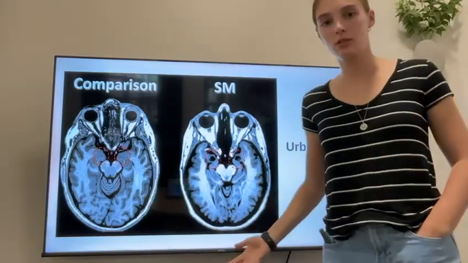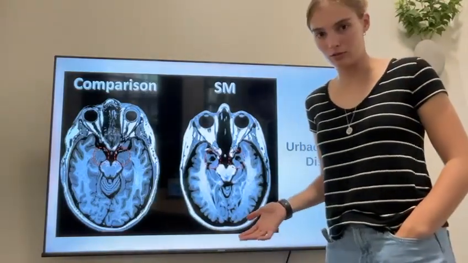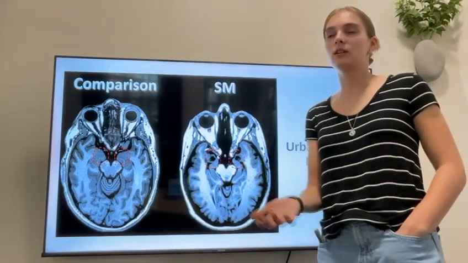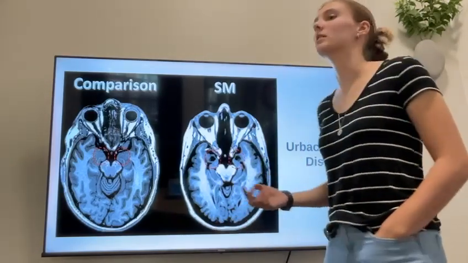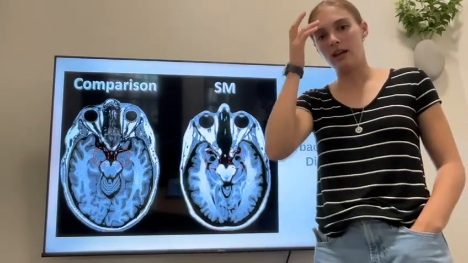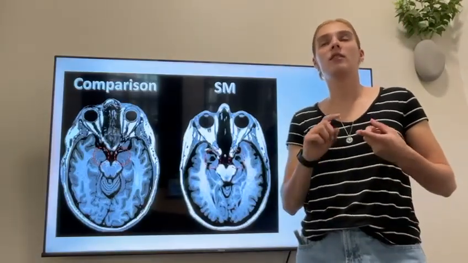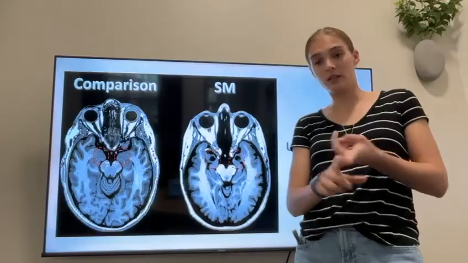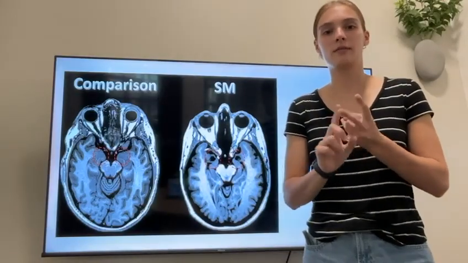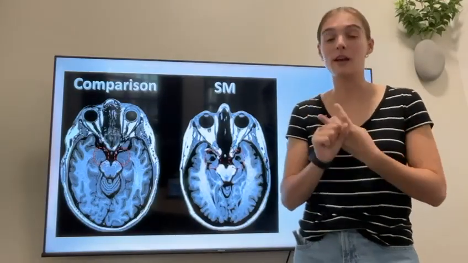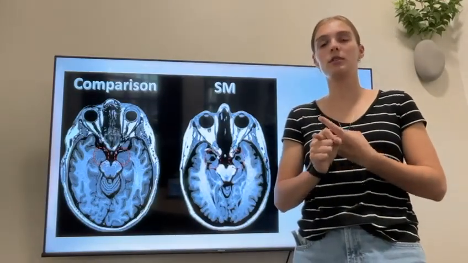So the double dissociation is between these 2 participants, or these 2 lesions, one to the amygdala and one to the hippocampus. And the study investigates how this affects declarative knowledge, and then classical conditioning, or like emotional associations.